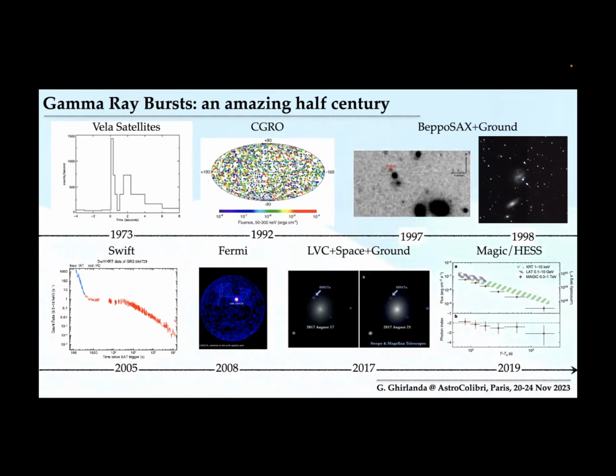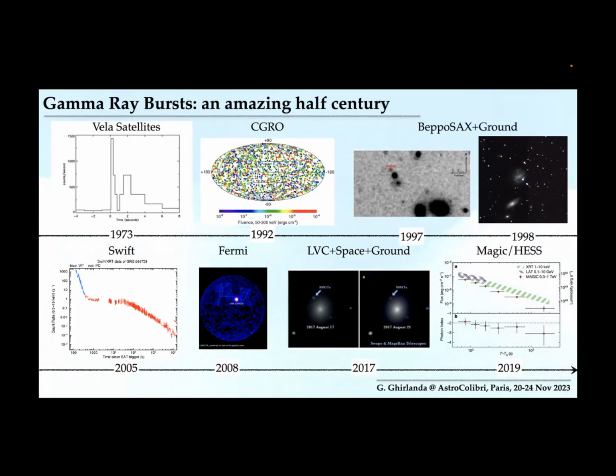Then, soon after, the first identification of the supernova associated with the long gamma-ray burst, proof of the possible progenitor path. Then, with the launch of Swift in 2005, the discovery of the quite complex behavior in the early phases of the emission of these sources, specifically the X-rays.